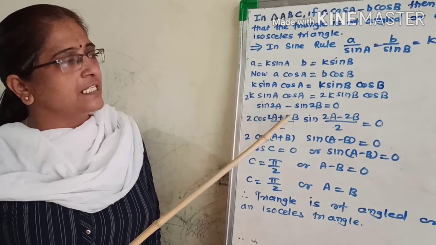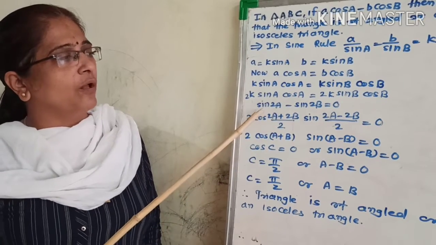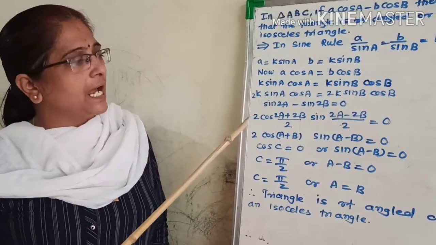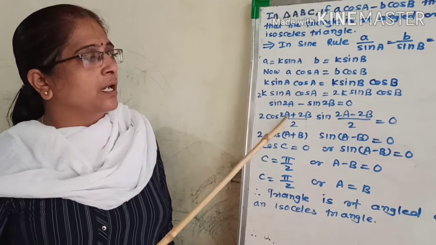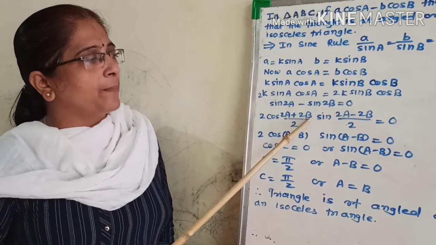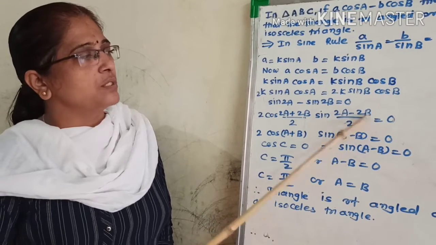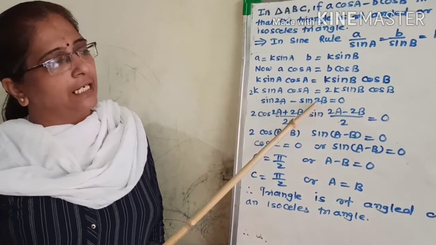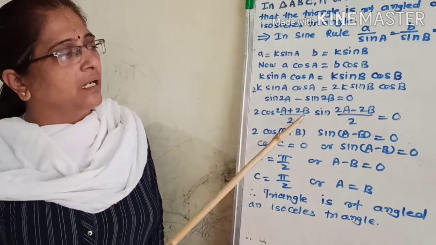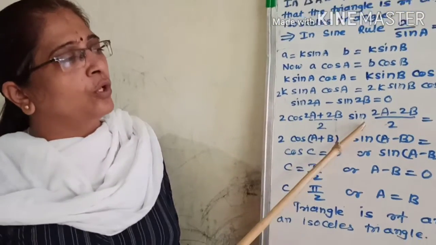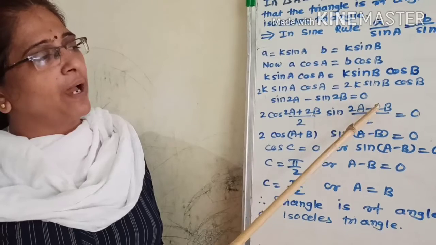Now sin C minus sin D. So what is the formula for sin C minus sin D? It is 2 cos of (C plus D) by 2 into sin of (C minus D) by 2.